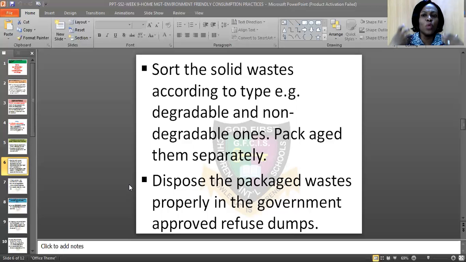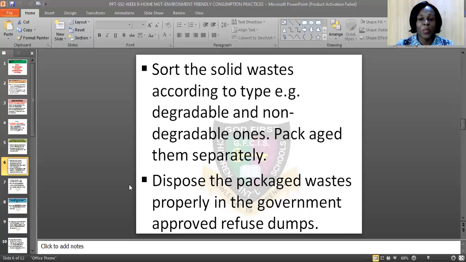But we are always too lazy to go to that site. Some of us find ourselves dumping our refuse in a gutter. Do you understand? Blocking our drainages, which is not okay for the health of the citizens living in the environment.